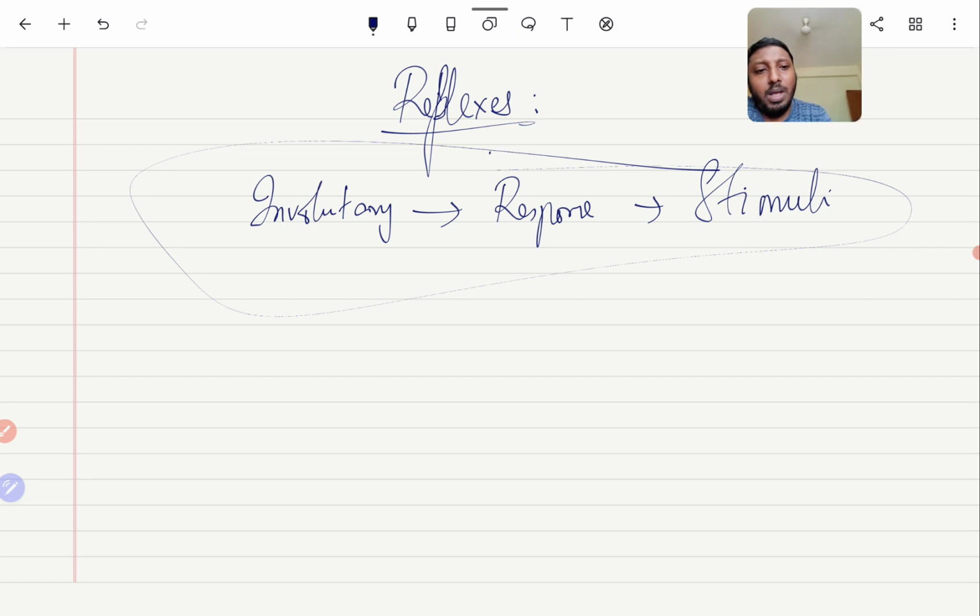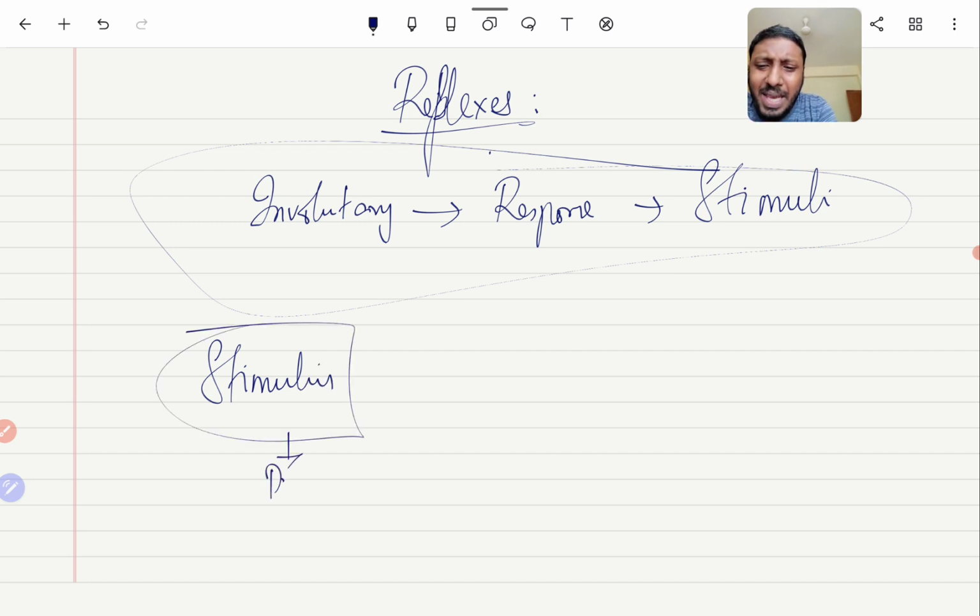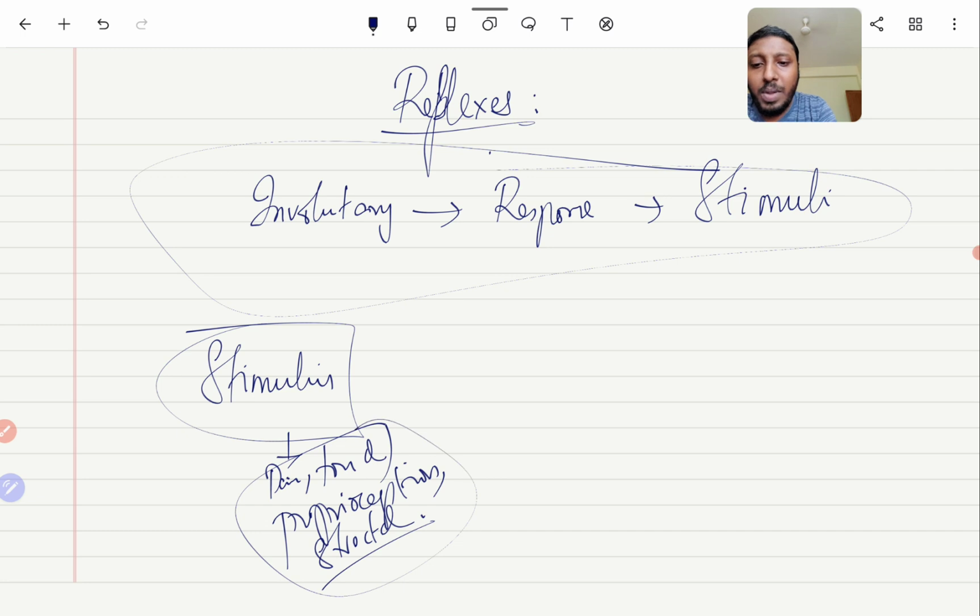So how it happens is, first there is a stimulus. Maybe pain, touch, proprioception, stretch, anything could be a stimulus, and this stimulus will go to a processing unit.